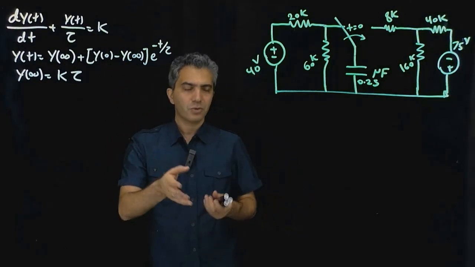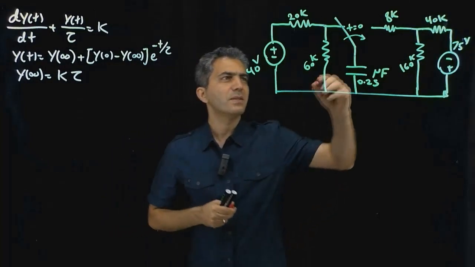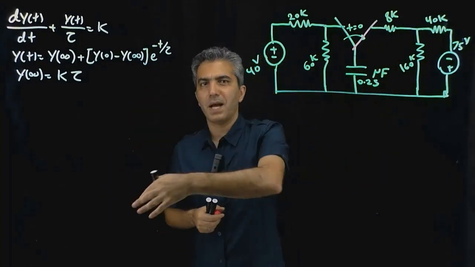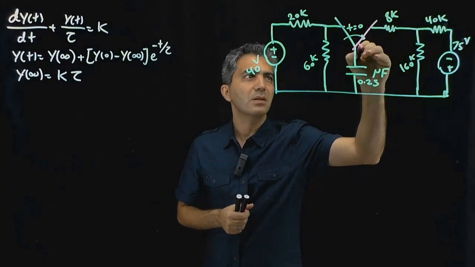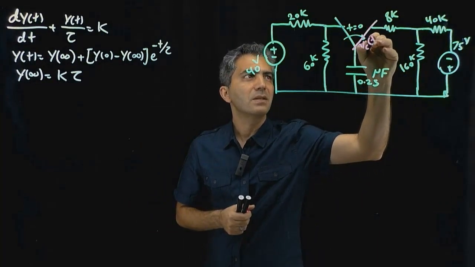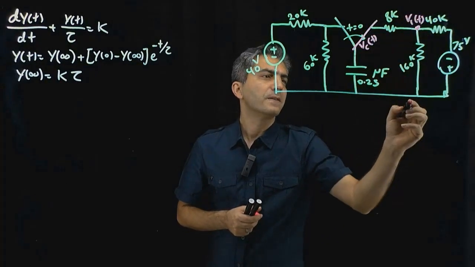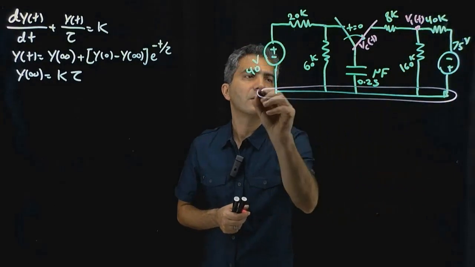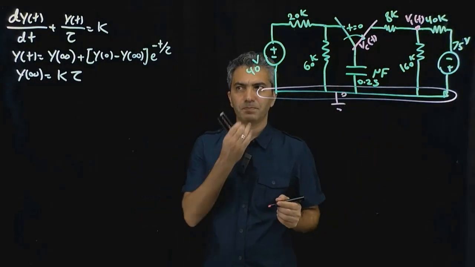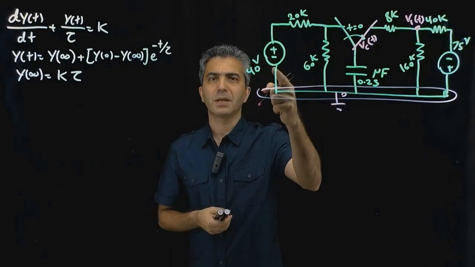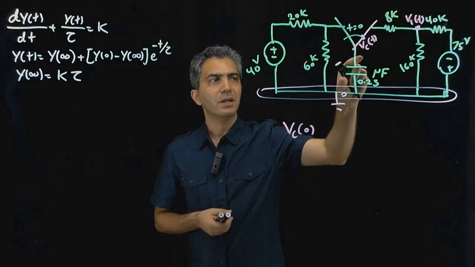So let's go through this process, and this time calculate VC(t) using that, bypassing a lot of math. At t equal to 0, this has switched. This is VC(t). I'm going to call that V1(t), and this is my ground. Now, before the switch, we do the same thing that we did last time. VC(0) is basically just a voltage divider.